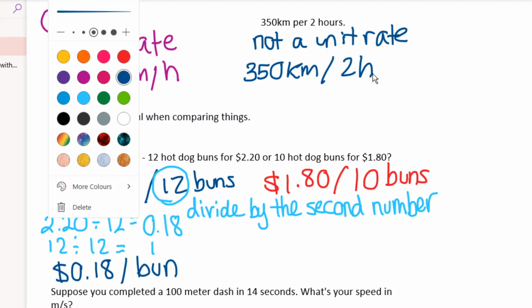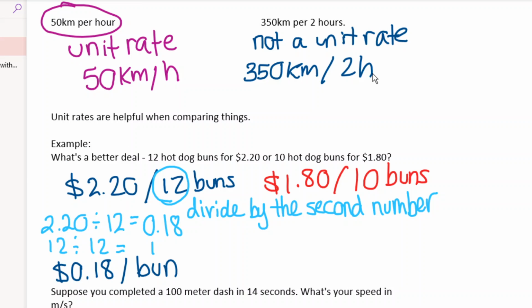Okay. So now we need to do it for the other one. So we're going to divide by the second number. 1.8 divided by, I've made a mistake. Divided by 10, because our second number is 10. And that is going to give us, oh my goodness, I've made a bad example here.